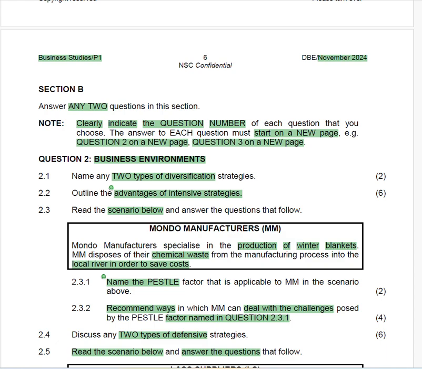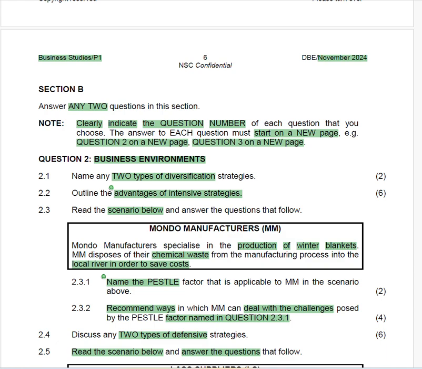Then the second one is vertical diversification. It's also known as vertical integration. It's expanding into different parts of the production process, either upstream or downstream, that is, controlling the distribution channel. So what could be an example? A car manufacturer could expand into the aluminium industry to provide a raw material it needs for its production.